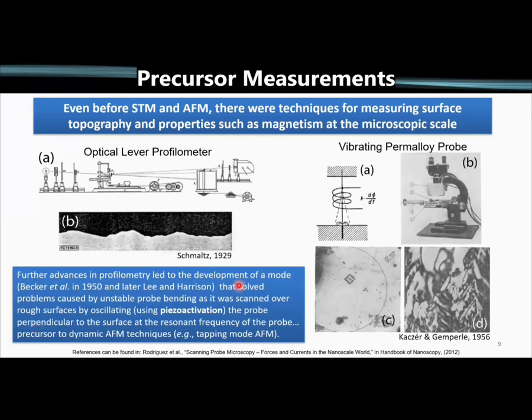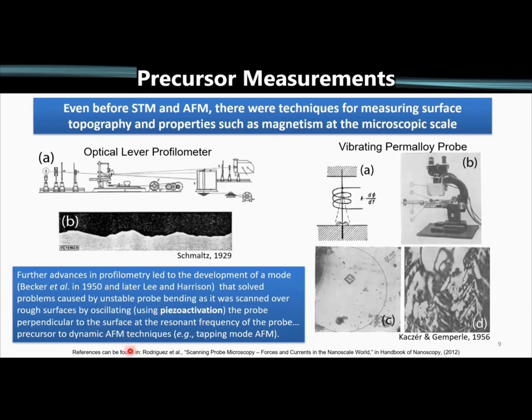What's interesting is that in the development and improvement of this profilometry microscope, they started noticing that there could be unstable probe bending of the stylus as it was dragged across the surface. They introduced, around 1950, a piezo activation, so they started, in essence, tapping, vibrating the profilometry stylus to have more stable imaging and minimize the forces that might be detrimental, that we see in contact mode AFM.